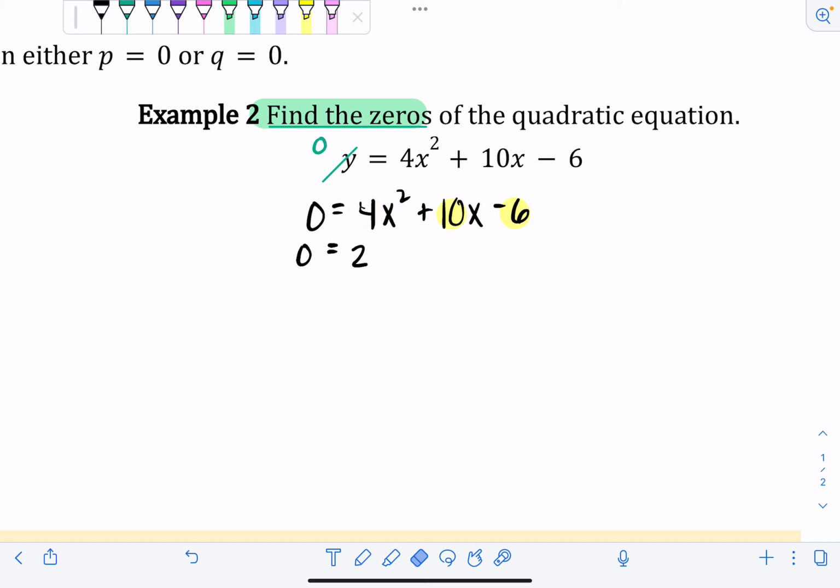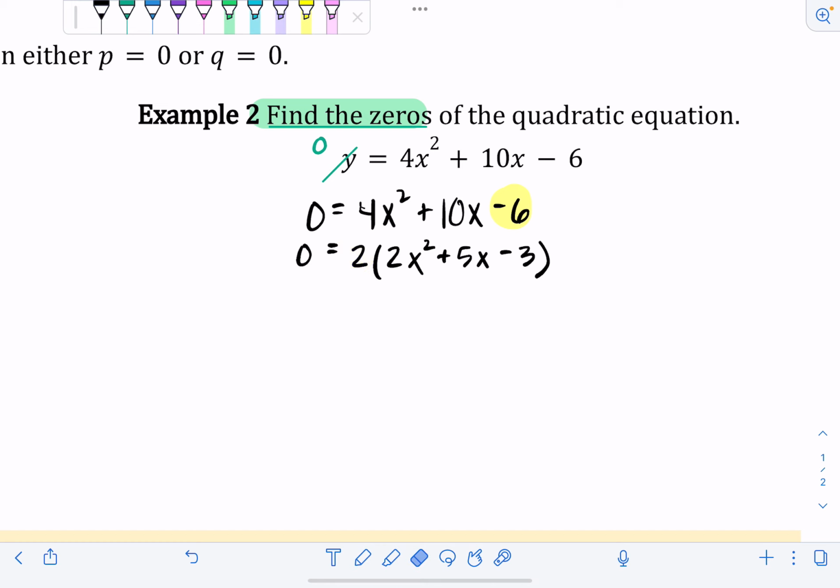Now I'm going to take that 2 and kind of undistribute it, or divide it out of each term. So 4x squared divided by 2 is 2x squared right here. And 10x divided by 2 would go right here, so 10x divided by 2 would be 5x. And then negative 6 divided by 2 would be negative 3.